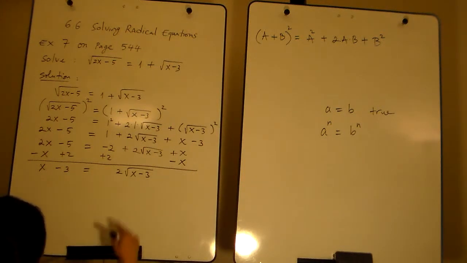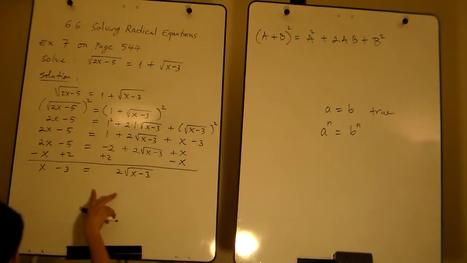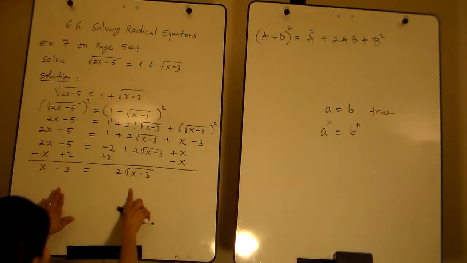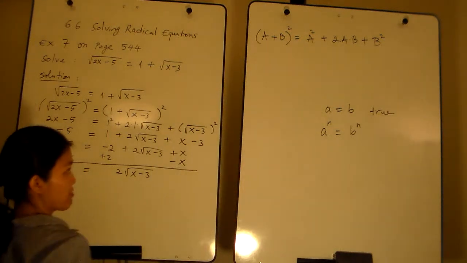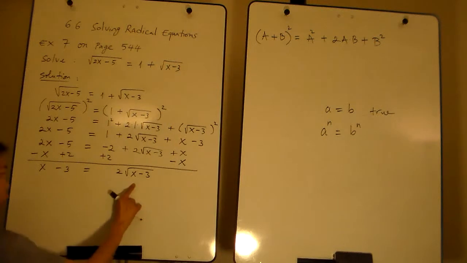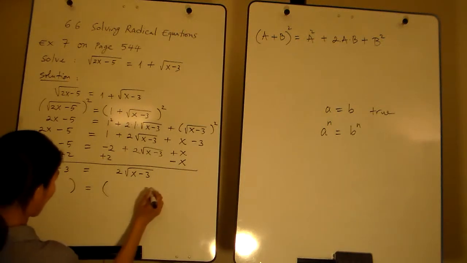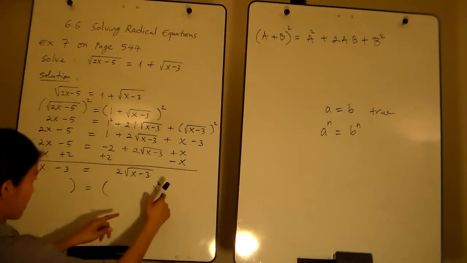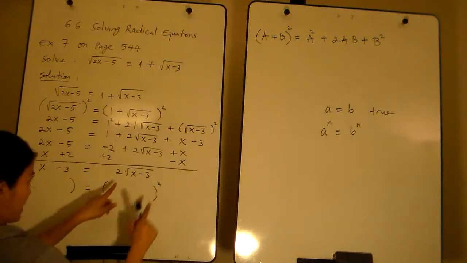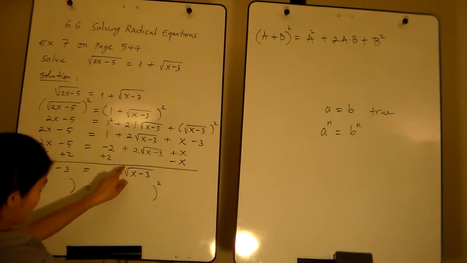Alright, now we have this step. We're going to apply the principle of powers one more time. The goal is to remove this radical. So I'm going to square both sides. The reason I'm using n equal 2 is because the index of this square root is 2.